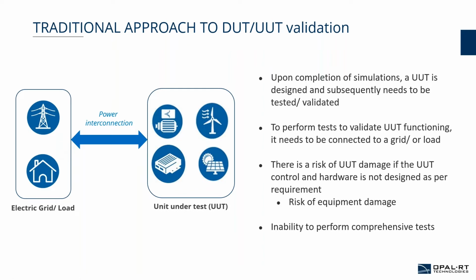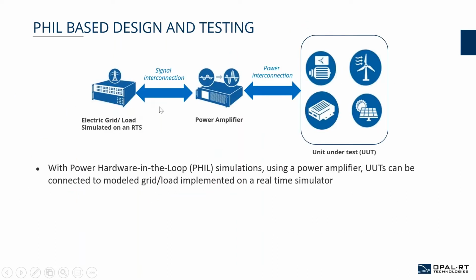You do not control when a fault in a grid happens, and so on. So essentially, there is an inability to perform comprehensive tests, which means that the hardware equipment that you have developed and you are testing might operate for certain conditions, but in certain abnormal conditions, perhaps it doesn't operate as it should. The solution to this is to perform power hardware in the loop-based design and testing.